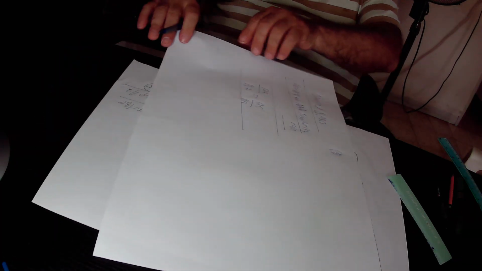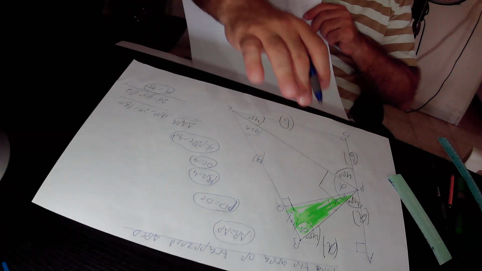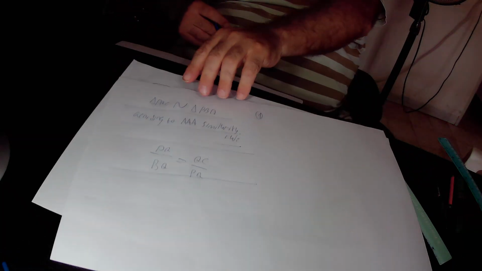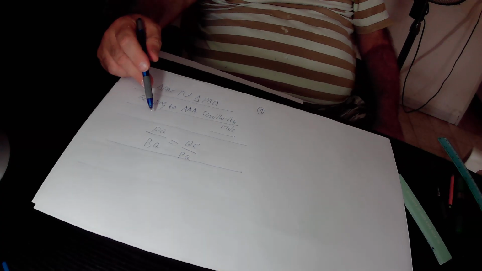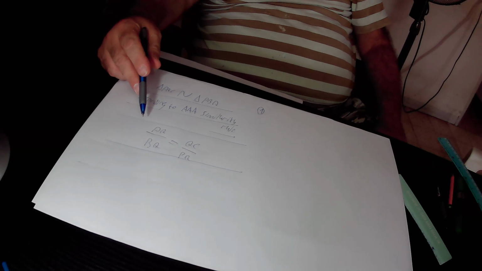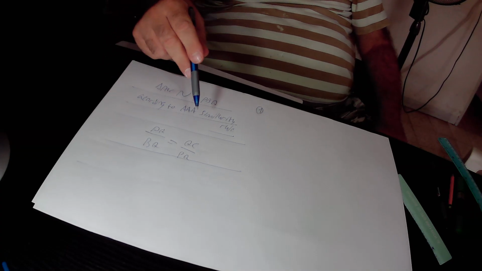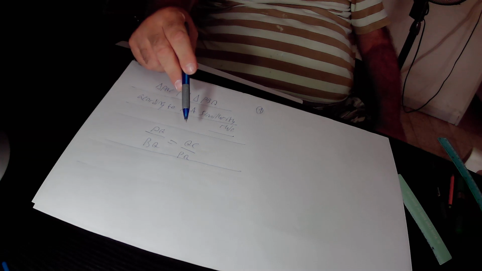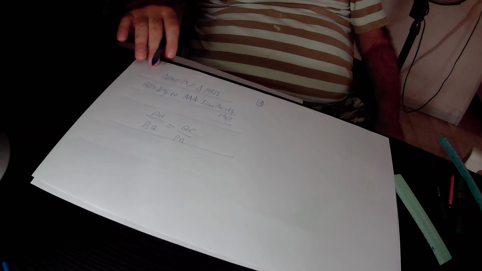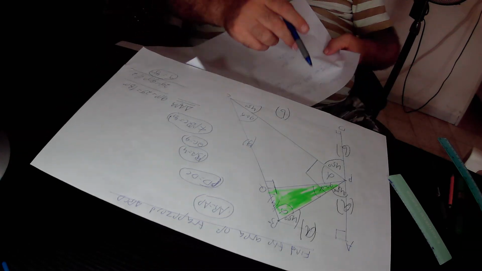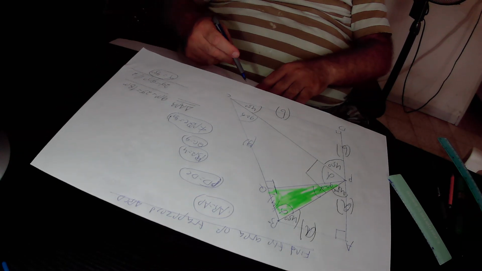So, again, from the fact that those two right triangles are similar to each other, we derive that the following relationship exists between their sides. The side PQ of the big right triangle PQC over side BQ of the small right triangle PQB is equal to side QC of the big right triangle PQC over side PQ of the small right triangle PQB. PQ is the missing side, so we leave it as it is.